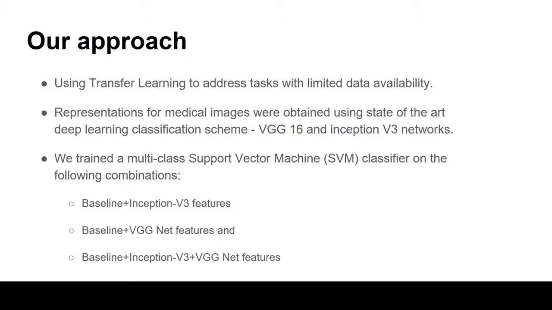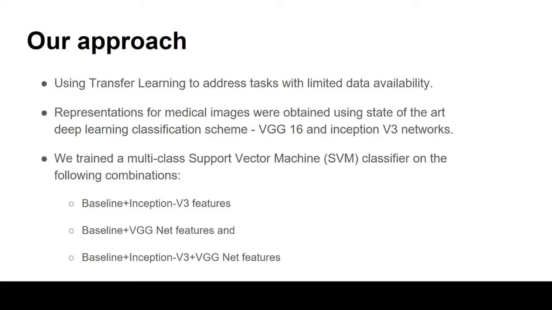So in summary, for this transfer learning, we obtain representations for medical images using state-of-the-art deep learning classification schemes trained on huge amounts of data. Specifically, we use the VGG16 architecture and Inception V3 architecture learned on the real-world ImageNet dataset with huge amounts of data.